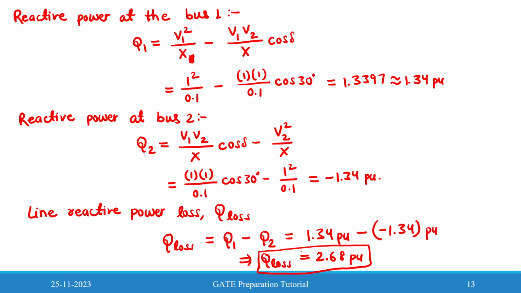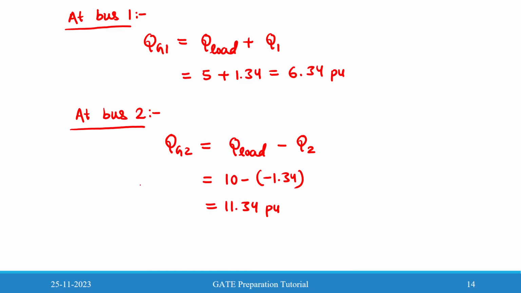The other question asked is that you have to find the reactive power provided by G1 and G2. So for the reactive power provided by G1 and G2, you can get it like this. At bus 1 we have this configuration.